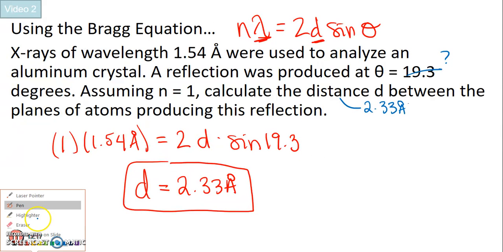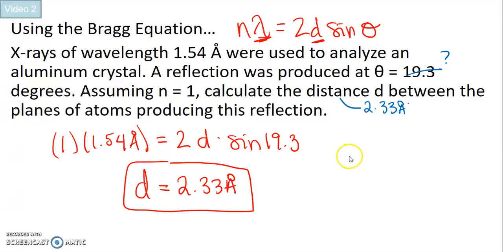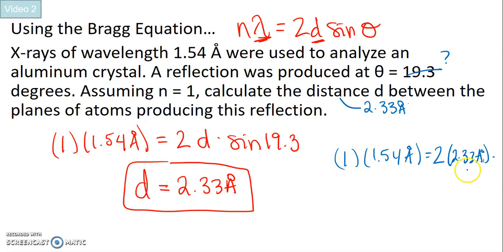If I plug in the numbers that were given, the integer is 1, wavelength is 1.54 angstroms is equal to 2 times 2.33 angstroms times the sine of theta.